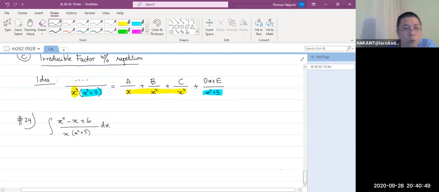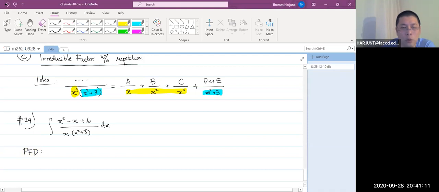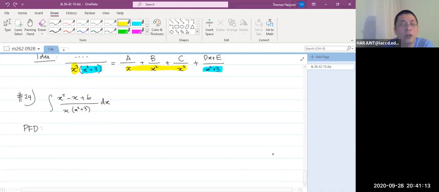Now when I do partial fraction decomposition, I have the habit of writing this down. Do you have to do that? No, you don't have to. But it's kind of like organizing my work so that my reader, you in this case, knows what I'm doing. At least you know that I'm doing partial fraction decomposition. If you don't get how I do it, then that's another story.